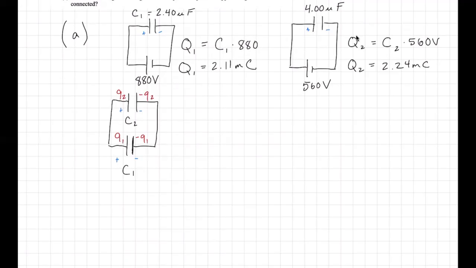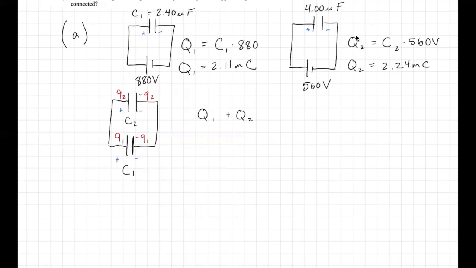And what I know for sure is that when I put these two capacitors together, there was big Q1 on the first capacitor and big Q2 on the second capacitor. That was how much total charge in magnitude I had on each wire.